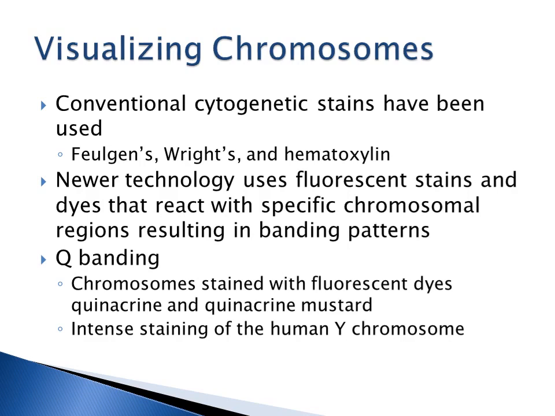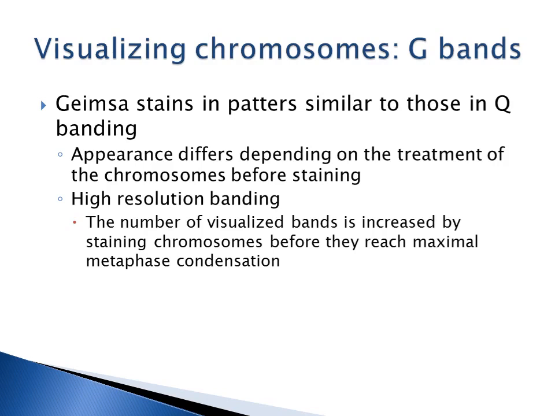Q banding is when you have chromosomes that are stained with fluorescent dyes such as quinacrine and quinacrine mustard. And Q banding is going to give you an intense staining of the human Y chromosome. Your G bands or G banding is when you stain with Giemsa stain, and these give you patterns similar to what you would get in Q banding.